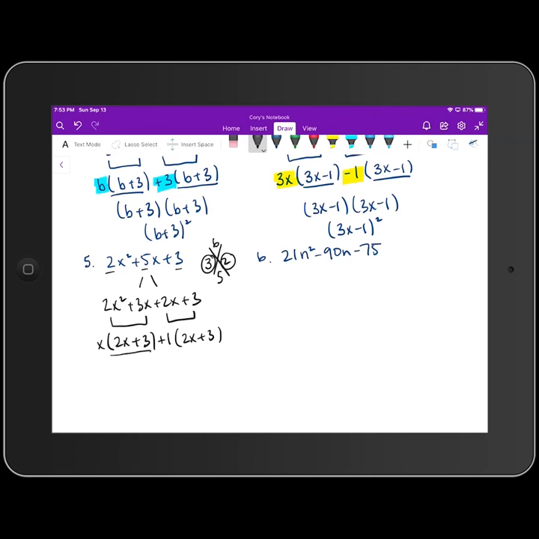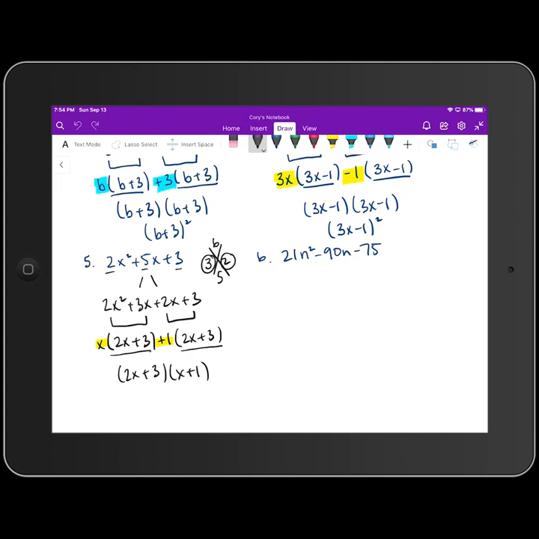So 2x plus 3 is my common factor. I'm going to factor that out. And when I factor out 2x plus 3, that leaves me with x plus 1. So that is going to be my second factor. Okay, so that quadratic is going to factor to 2x plus 3 times x plus 1.